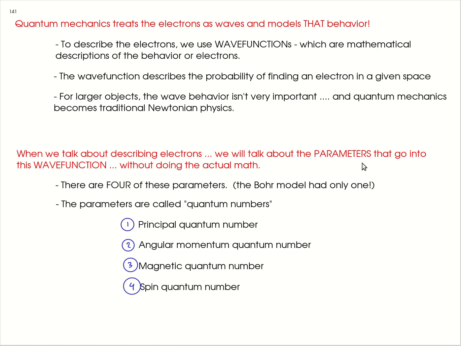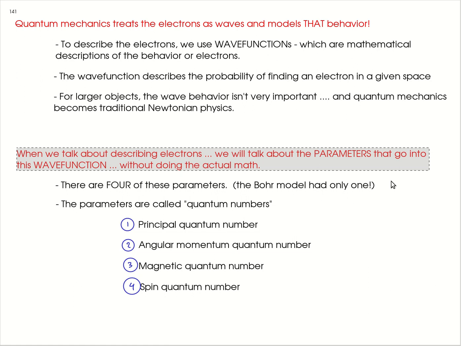Now, when we talk about the electron, we are not going to solve wave functions or anything like that in Chemistry 110, but what we'll do is we'll talk about these things called quantum numbers. So you can think of quantum numbers as kind of the parameters that go into the wave function, or you can think of them kind of like solutions.